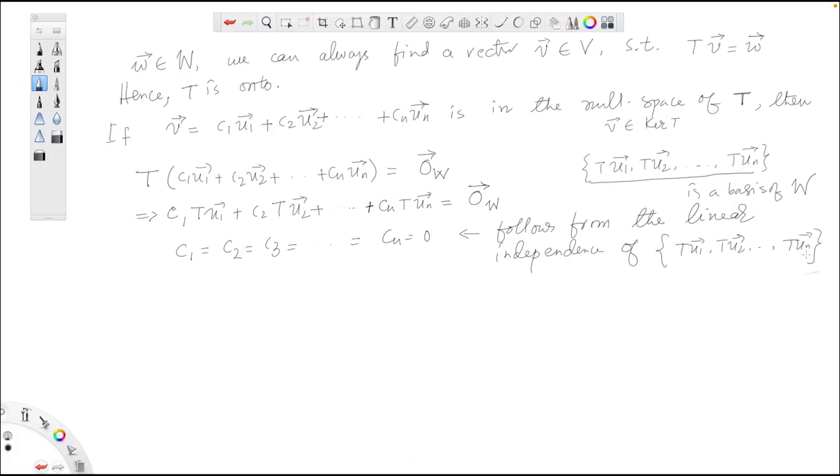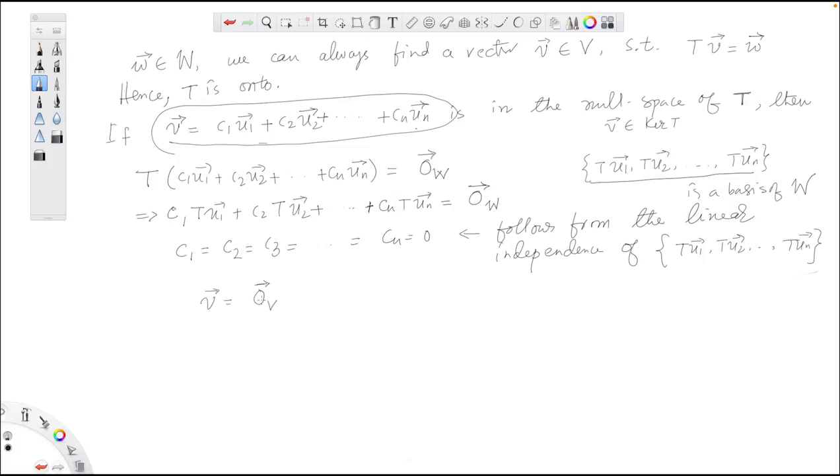So we know that this is equal to v, and it implies that the vector v is equal to the zero vector of the vector space V, since all these coefficients in this linear combination are identically zero. Therefore, vector v is the zero vector of the vector space V.